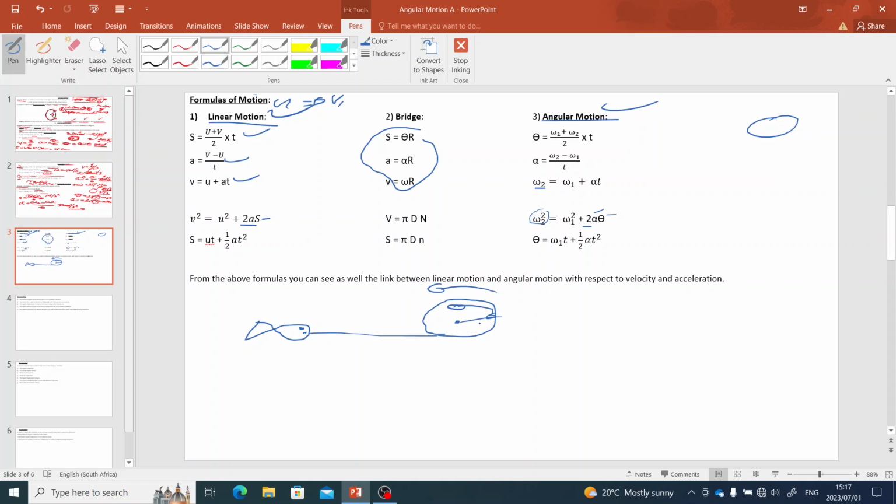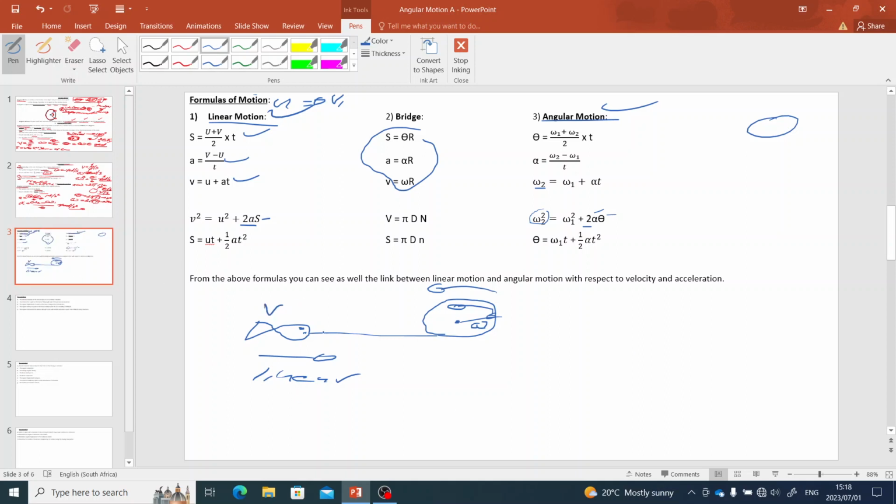The omega there will take place because you caught the fish and now you are reeling that reel. As you are turning that wheel on the fishing rod, it is in angular motion. But the fish that you have caught is in linear motion. That means this one will be experiencing linear velocity.